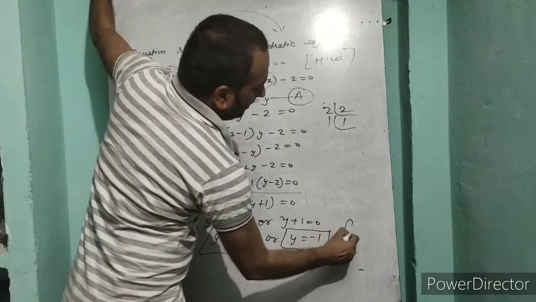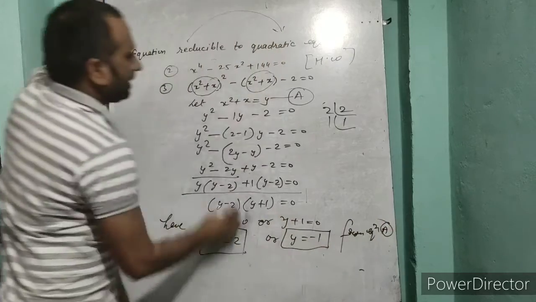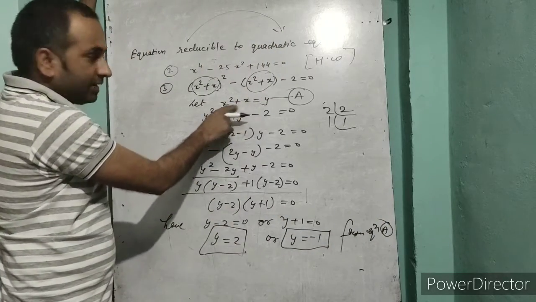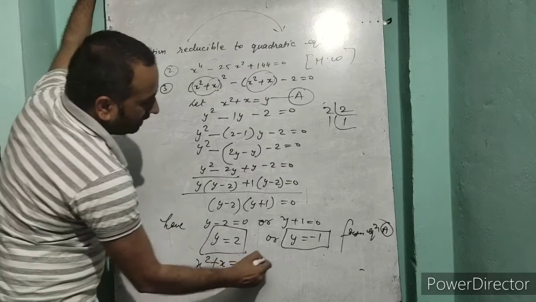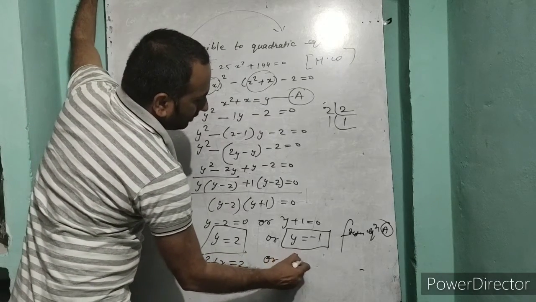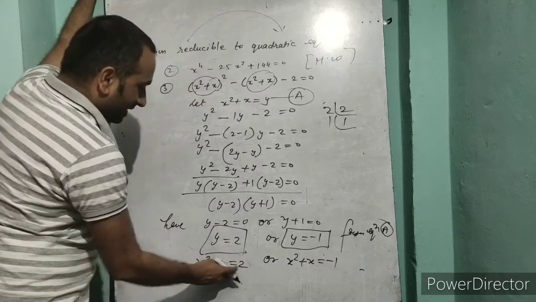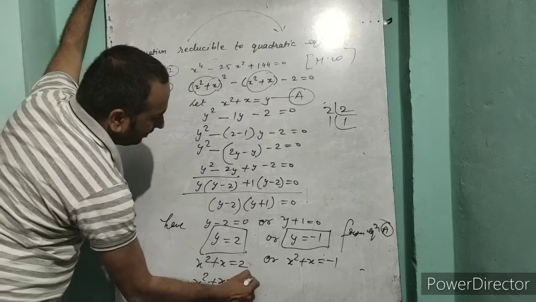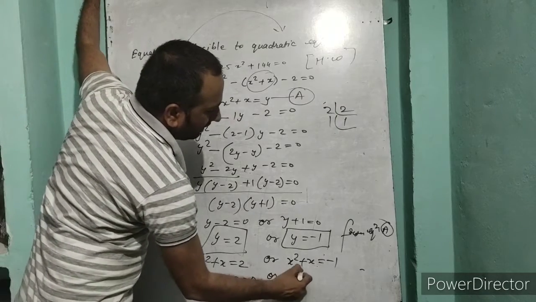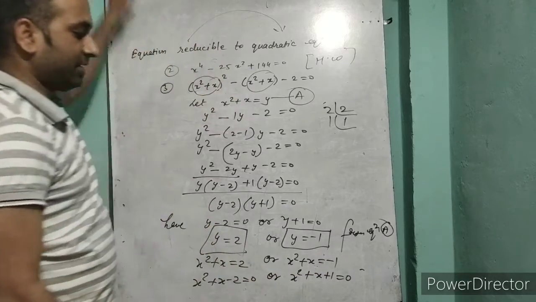From equation A, y is x square plus x. So x square plus x is equal to 2, and here x square plus x is equal to minus 1. So this will give you x square plus x minus 2 is equal to 0, or here x square plus x plus 1 is equal to 0.